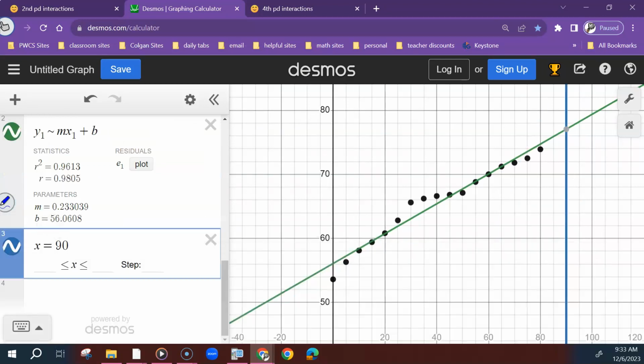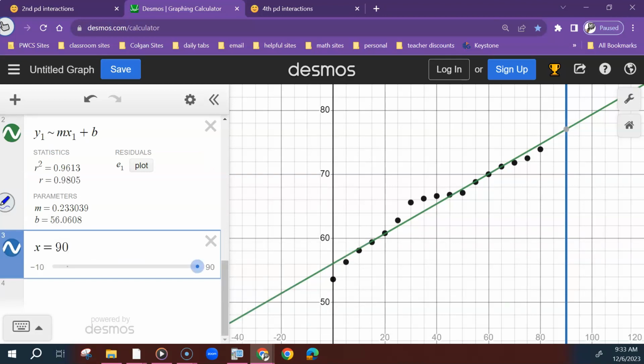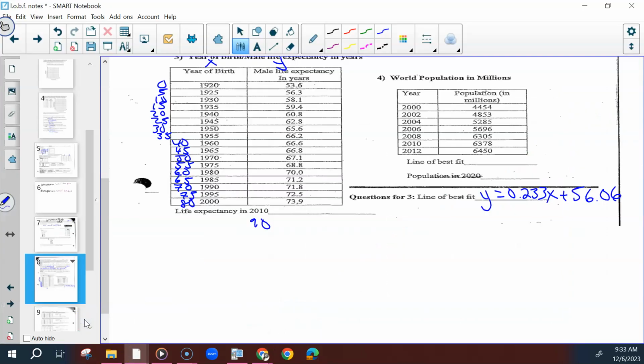And find where they intersect. Always make sure you're putting a label.